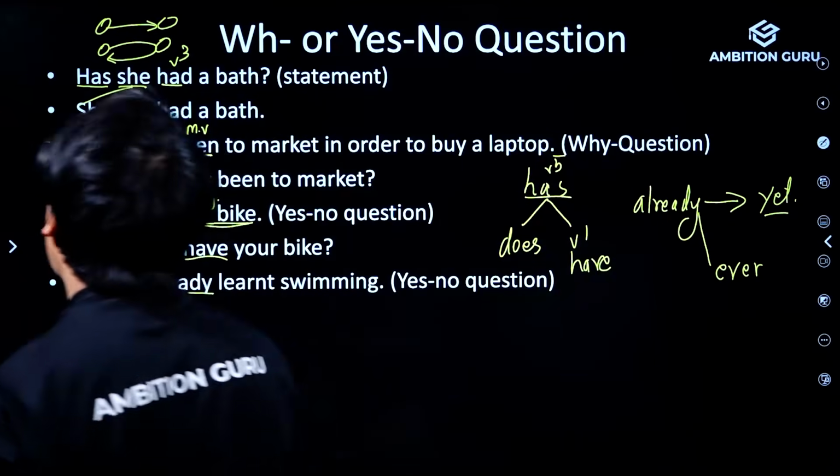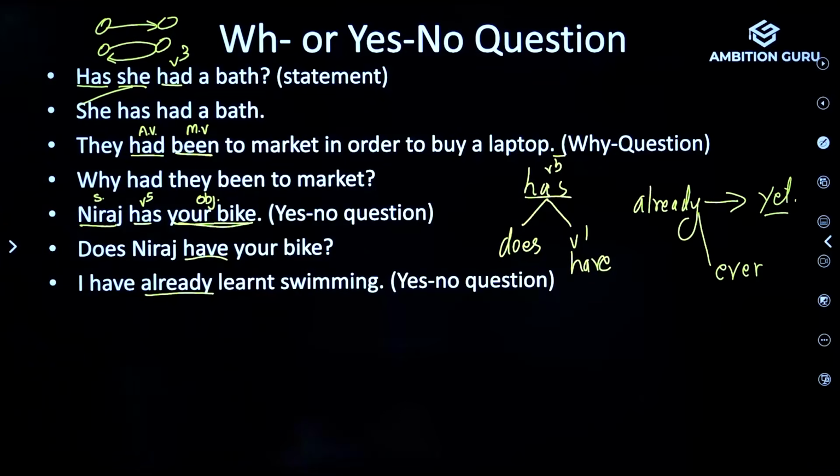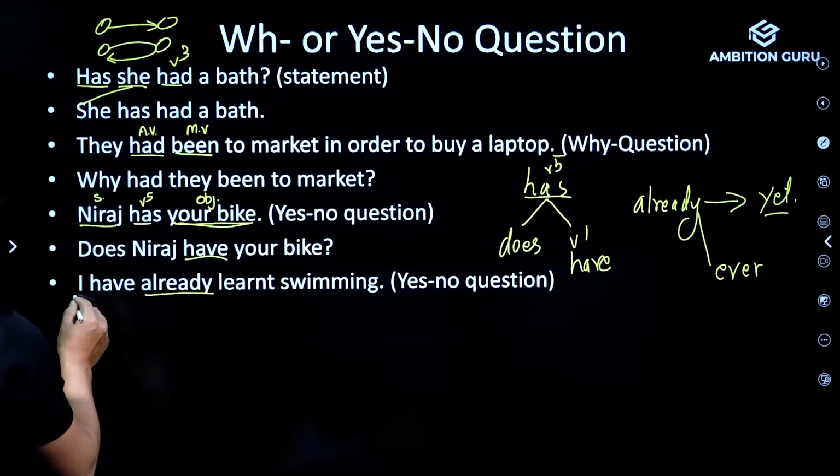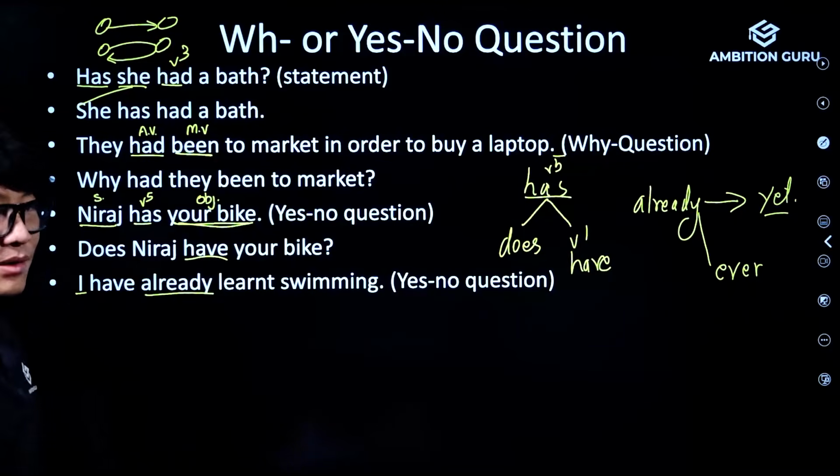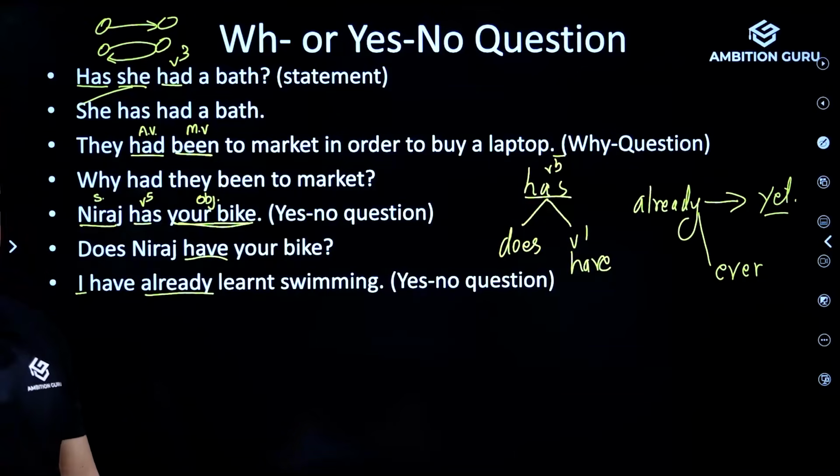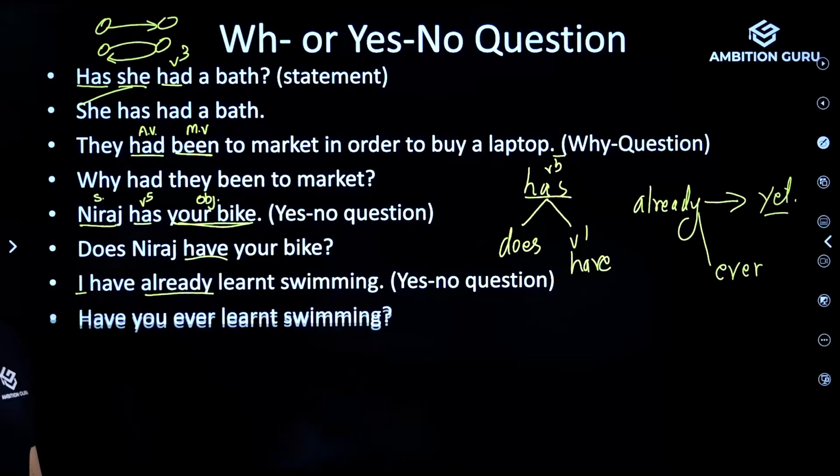And most of the time you are in confusion that while changing into ask no questions, do we need to change this I into you or does I remain I? So basically, I changes into you. So the answer becomes: have you ever learned swimming?